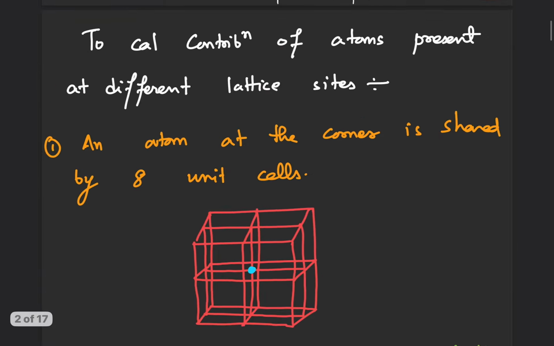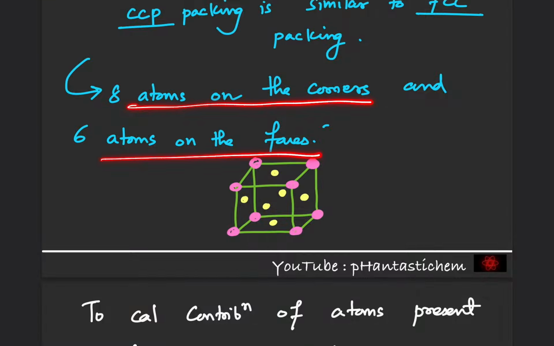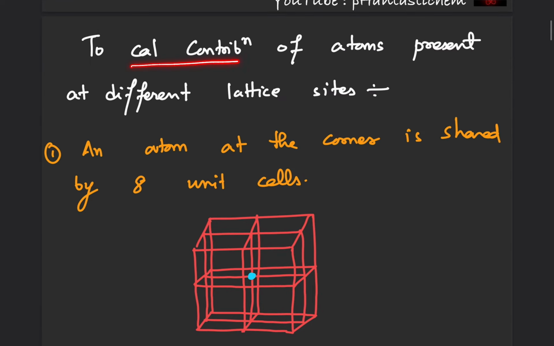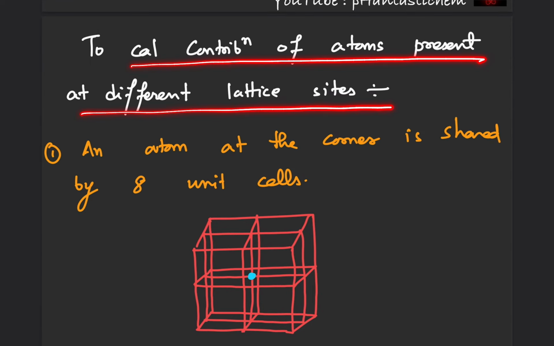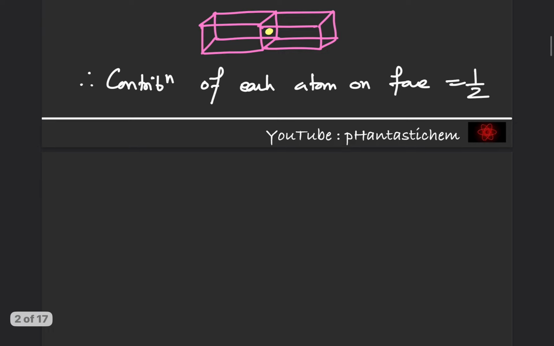So we have, as we have discussed, 8 atoms on the corners and 6 atoms on the face. So what will be the total contribution? So we have to calculate. So don't forget, our aim is to calculate contribution of atoms present at different lattice sites. Okay. So we are calculating for our CCP or FCC crystal.